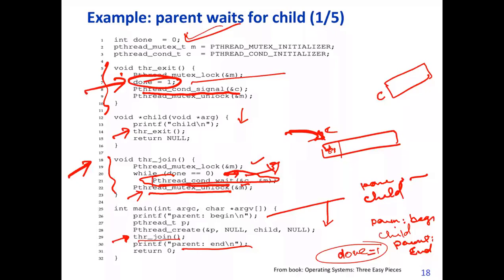Are you able to understand? Yes, sir. Condition variable is a little misnomer in my opinion, right? That's the reason you're confused with the condition. You are treating done as a condition. Of course, it is a condition, but treat this as just a name.